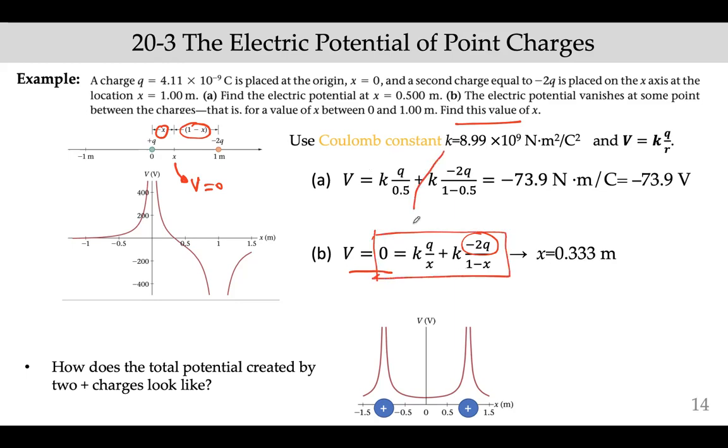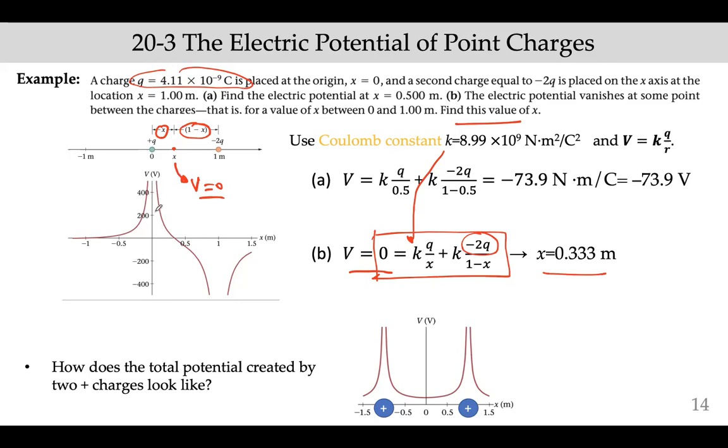We know k is this value, and q is this value. So plug in the numbers and solve for x. Turns out x is 0.333 meters. If you calculate the potential at this point, it turns out to be 0.